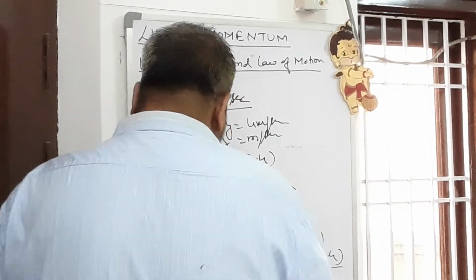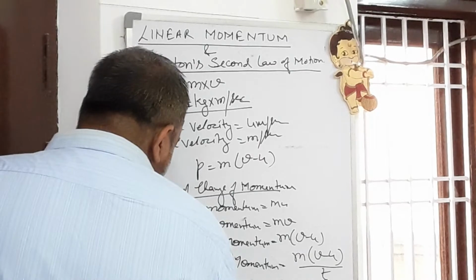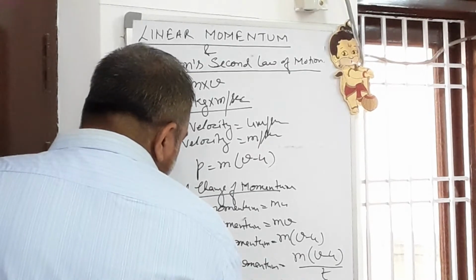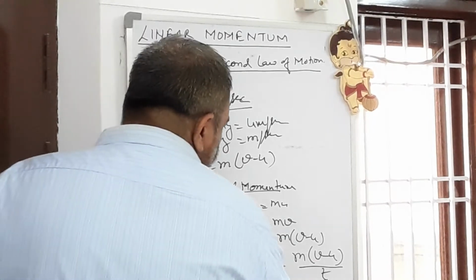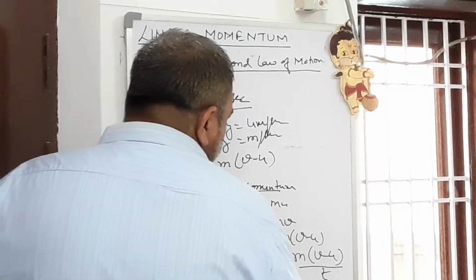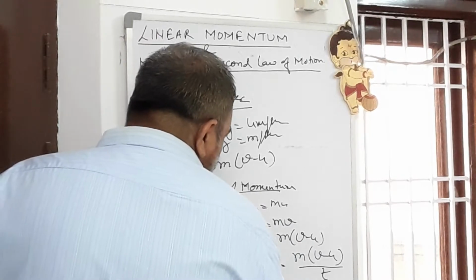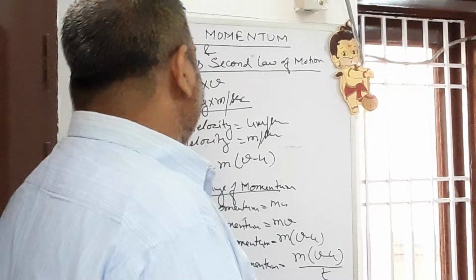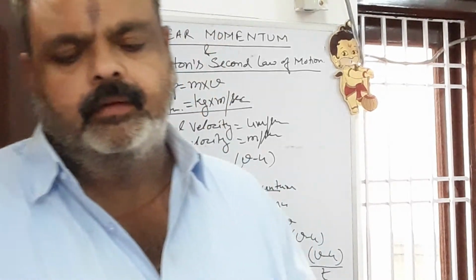So rate of change of momentum is equal to ma, or it is equal to the force applied. F is equal to ma. This is the derivation for the second law of motion, the rate of change of momentum.